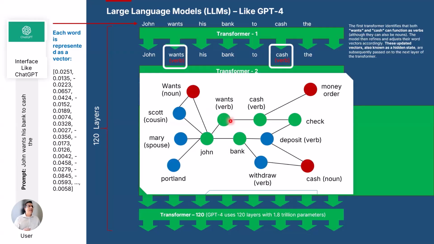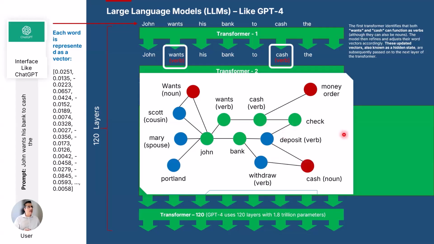So it actually kind of thought that most probably in this case the closely related word here is wants, which is a verb, not this noun, and another word called cash, which is closer to the bank, which is a verb, than another cash noun, which has one degree or more degree of separation between bank and cash.